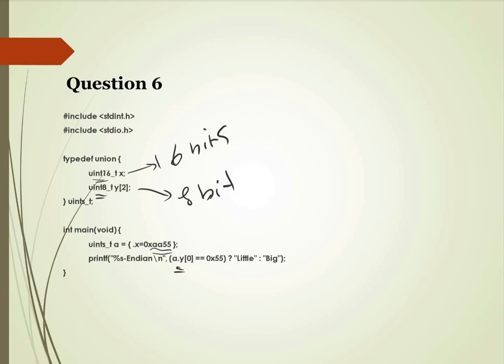On the other hand, if it is not 55 and it is AA, which is the MSB, it is stored first, meaning it is big endian. So if y[0] is equal to 0x55, the 55, which is the LSB, is stored first, and it is little endian. I think that's a straightforward calculation, but anyway, this is for the sake of answering this question.